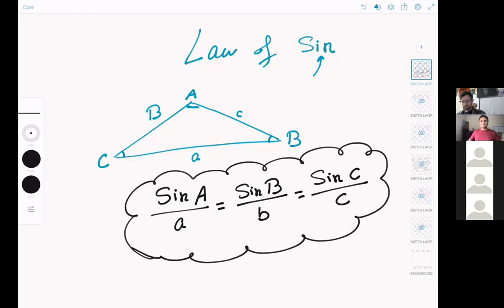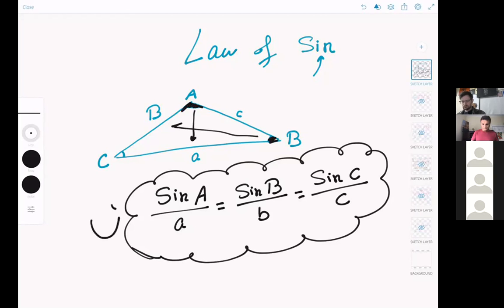Easy to memorize. They made it like this to be easy for us to memorize. So sine of this angle divided by the length of that equals sine of this angle divided by that one. It's not pretty.